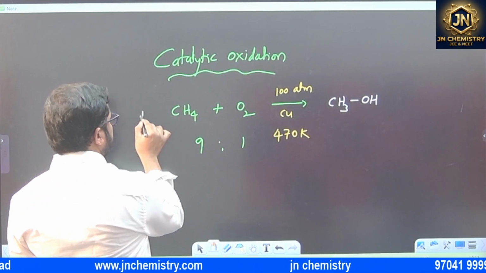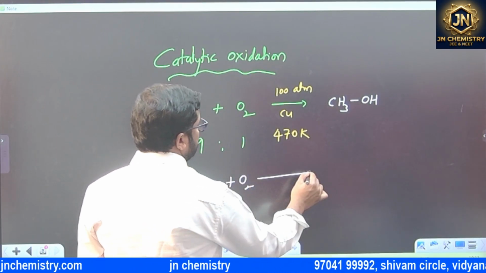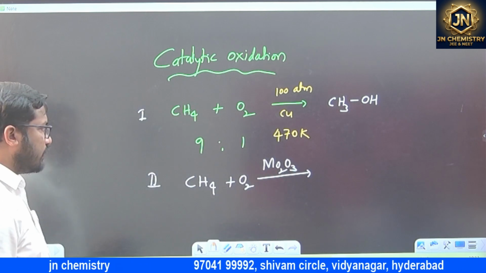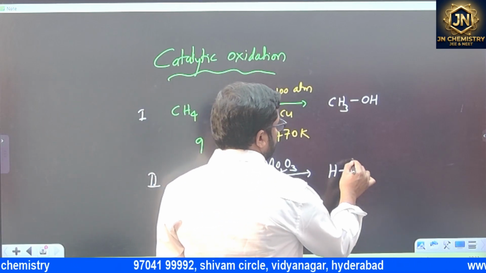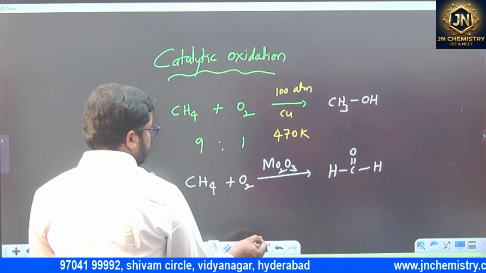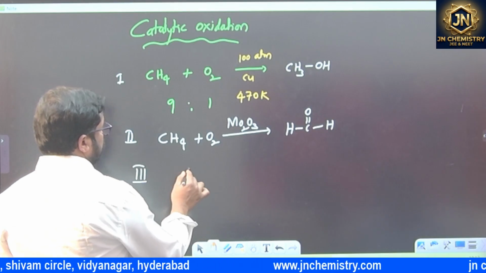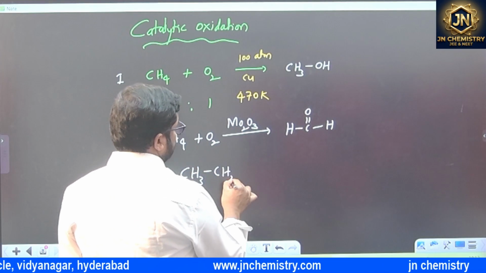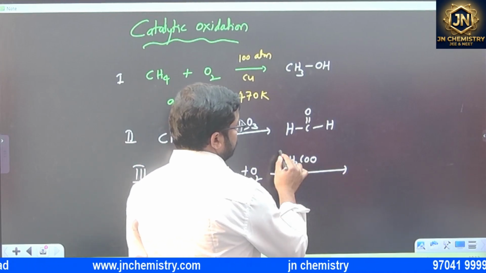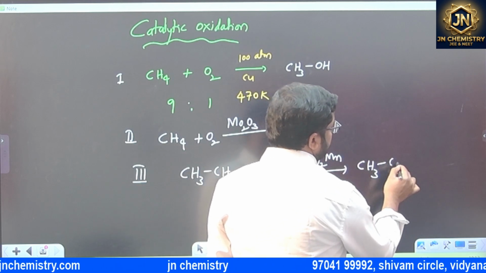For example, one more reaction is there; in total 4 reactions are there. If we take methane plus O2 with Mo2O3, molybdenum trioxide, we will get formaldehyde. Write it down. If you are using manganese acetate, we will get carboxylic acid, generally from higher alkanes.